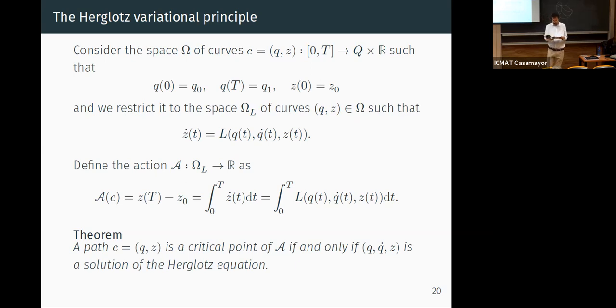In this case, it is, because this action preserves the contact form exactly. The action is the flow of Hamiltonian vector fields that do not depend on z. So this commutes because they are zero if you apply the vector field to them.